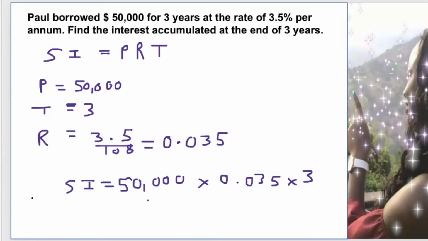So times it by 3, and that will give me the simple interest, which is the interest on the money, is $5,250. And that's it.